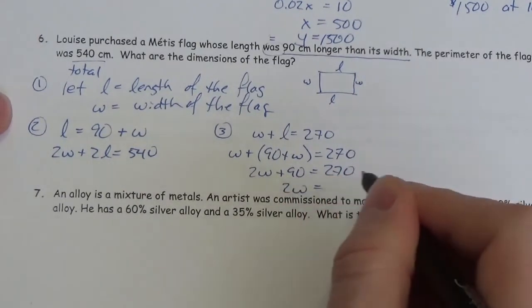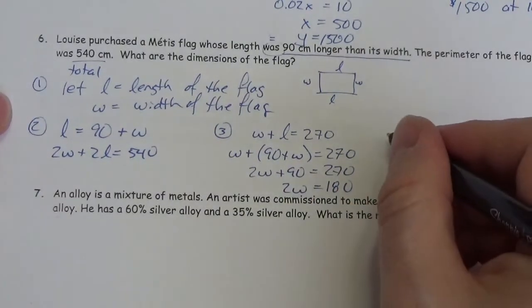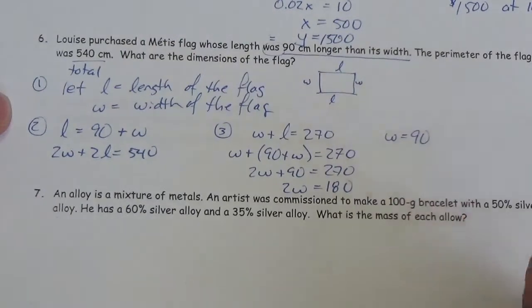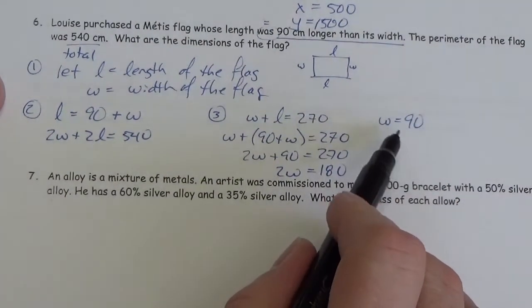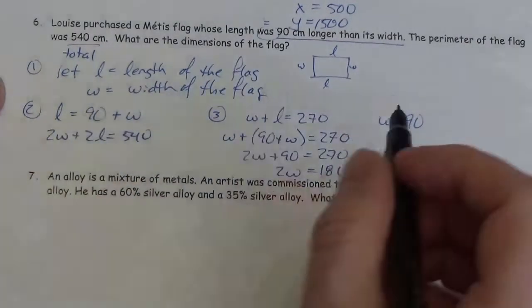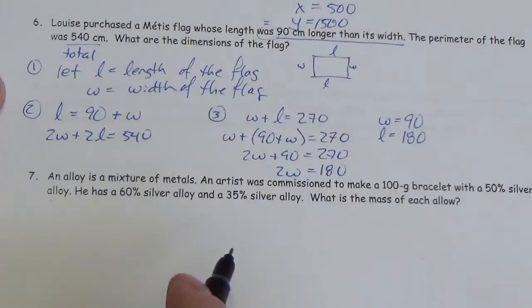So 2W is going to equal 180 when I bring that 90 over. And doing that quick division by 2, I know that W is going to equal 90. And then if W is equal to 90, I can go back up to here, and I know immediately that L must be 180.